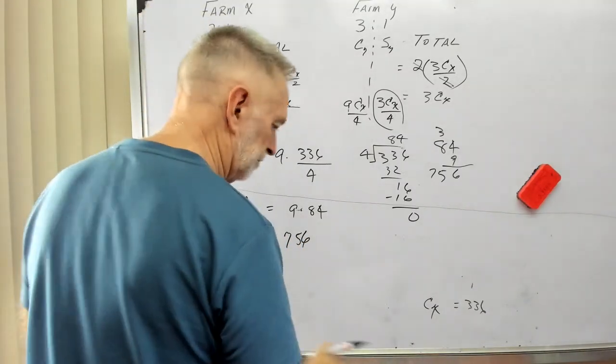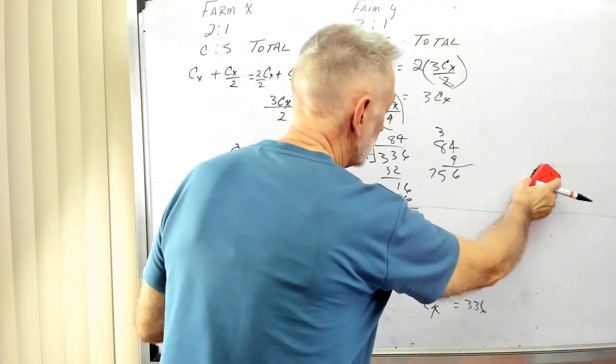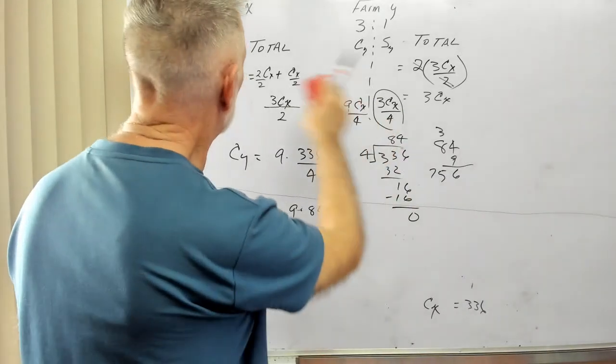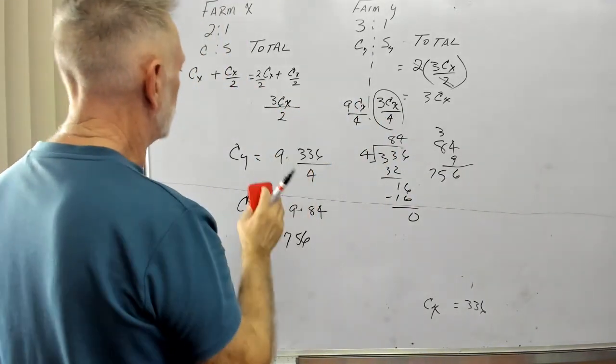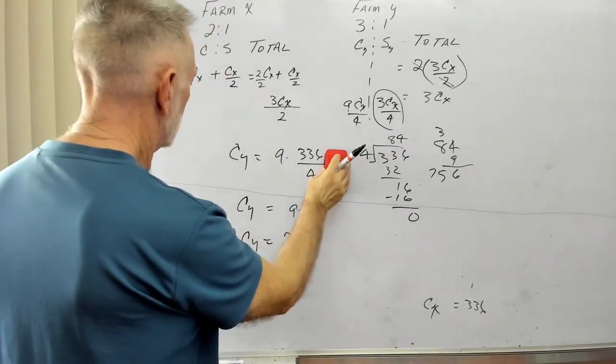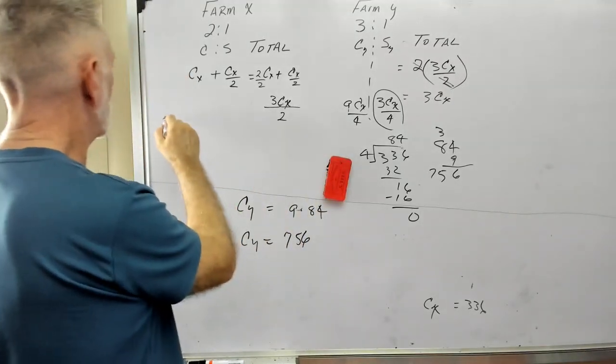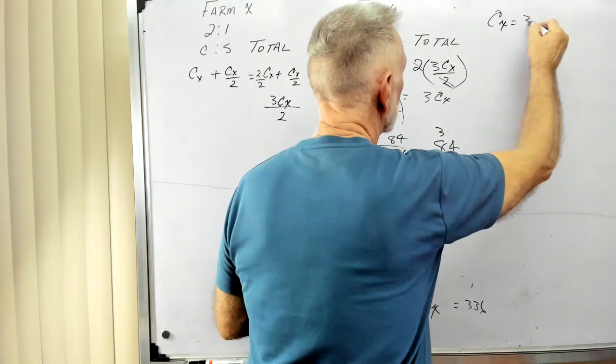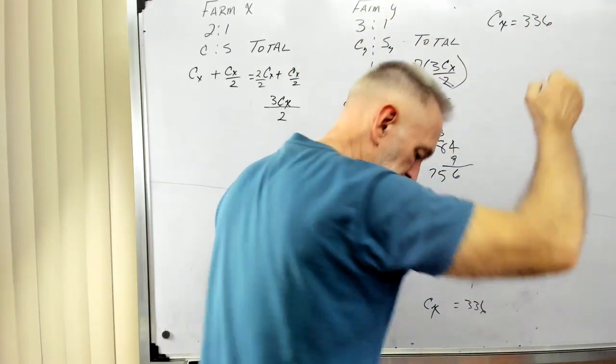Now then, let me erase a few more things and let's check ourselves. Probably a good thing to do after all the calculations here. All right, let me get rid of here. So we've got cows on x, we said was 336.